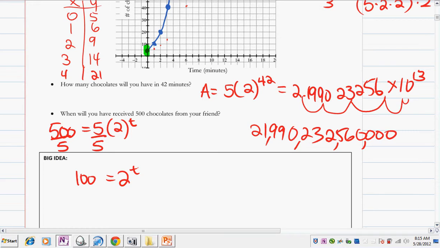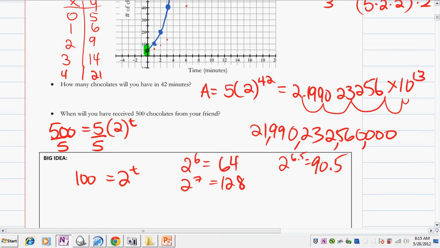But I don't have any mechanics right now for solving this, so I would have to start guessing. 2 raised to the 6 is 64, 2 raised to the 7 is 128. So I know it's in between those. Let's try 2 to the 6.5. 2 to the 6.5 is 90.5. So it's a little bigger than that.